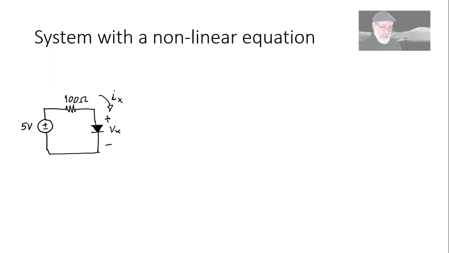A very simple circuit it is. It is a voltage source, 5 volts, a 100 ohm resistor, and a real diode. The voltage in the diode is Vx, the current in the circuit is Ix flowing in that direction, of course. We can write a KVL equation for the loop that says Vx is the value of the source, 5, minus the drop in the 100 ohm resistor produced by the Ix current.